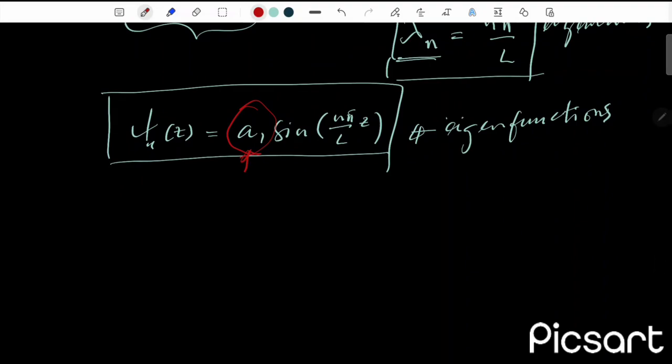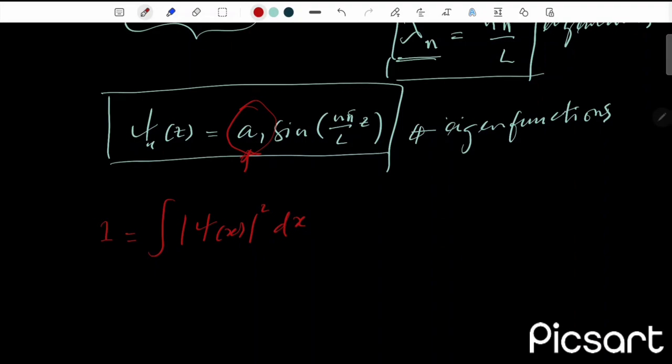Then the normalization condition, as we saw in this video, is 1 equal to the integral of the probability density times d of x, over the whole space.